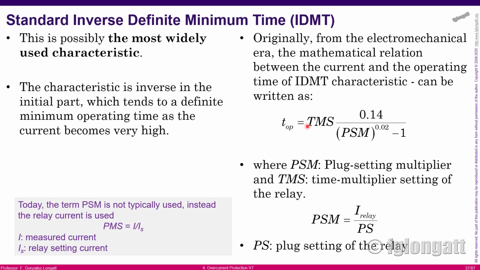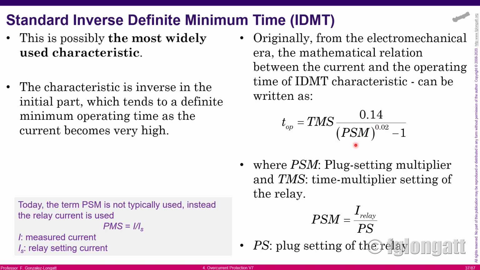Okay, what you need to understand is that the overcurrent relay, the non-directional overcurrent relay, has mainly two settings. One setting is related to time, and that is what we call the time multiplier setting. Some countries have another way to call this, the time delay, for instance.